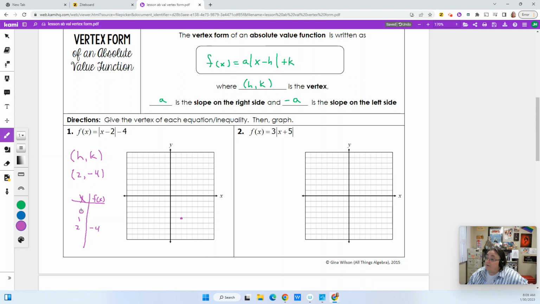I could do 1 and 0 for points that are lower than it. I can do 3 and 4 for points that are higher than it. And we can see how this translates, right? If I plug in 1 to that equation for x, I get the absolute value of -2, which is 2. 2 minus 4 is, this would be -2.